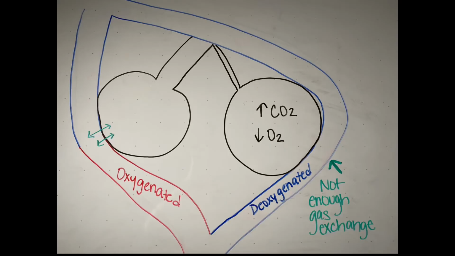Because think about it, when we're not ventilating well, we are decreasing our oxygen concentration and increasing our carbon dioxide concentration. This means that if we still perfuse, or still have blood flow going around these alveoli that are not well ventilated, not enough gas exchange will take place, and blood will leave the lungs still deoxygenated and still filled with carbon dioxide, which means it can't bring enough oxygen to the tissues.